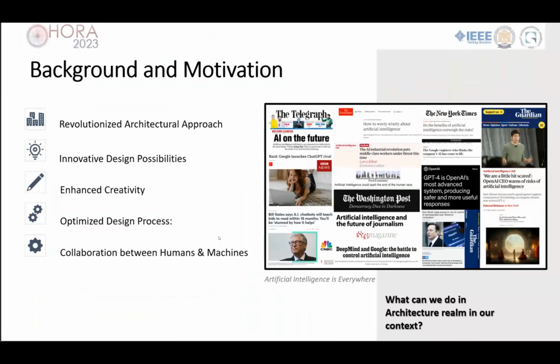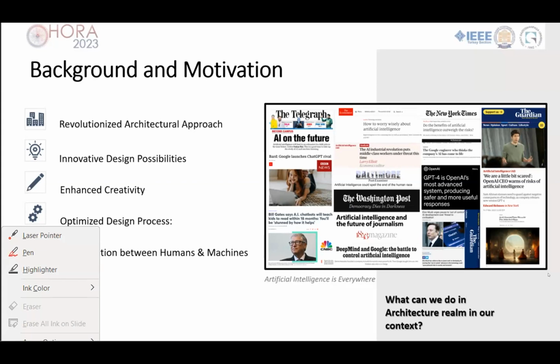From my country, Bangladesh, it started around 2021. We suddenly noticed that AI is everywhere and decided to do something with it in the architectural design realm in our context. So why artificial intelligence? Undoubtedly, this is a revolutionary approach with innovative design possibilities.